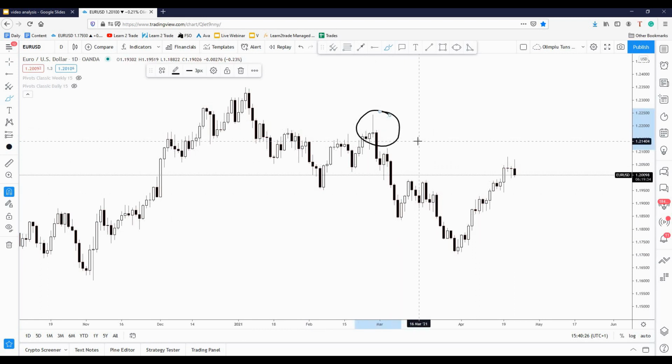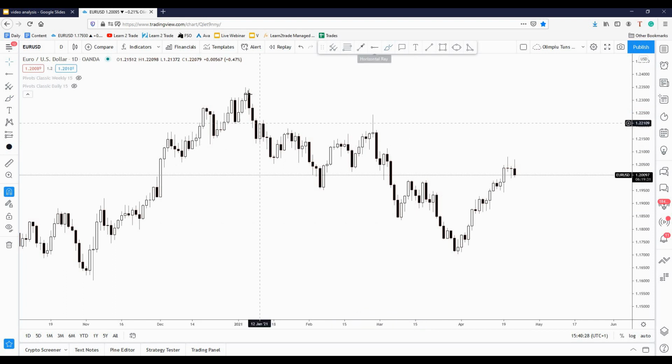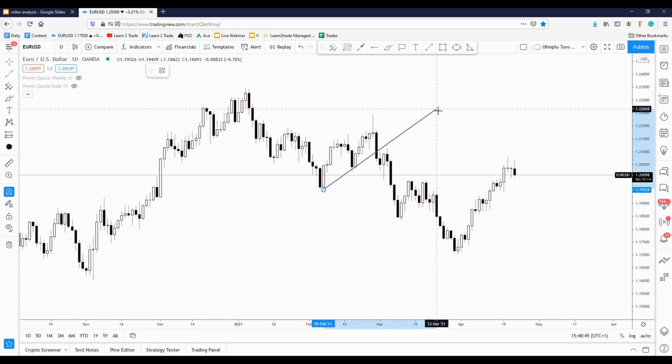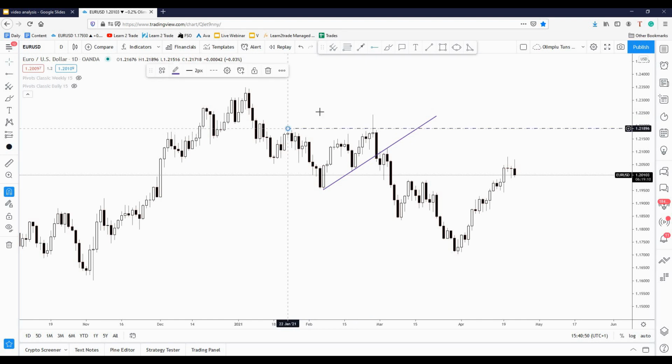As you can see, the price has decreased after developing here a bearish engulfing. This one was confirmed by another bearish candle here, so the price has decreased, and then rebounded.